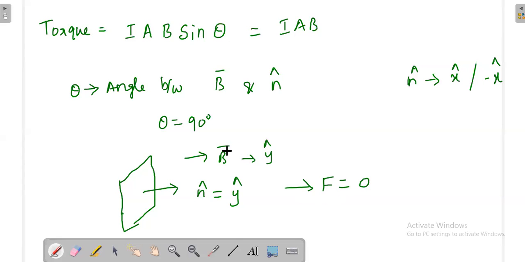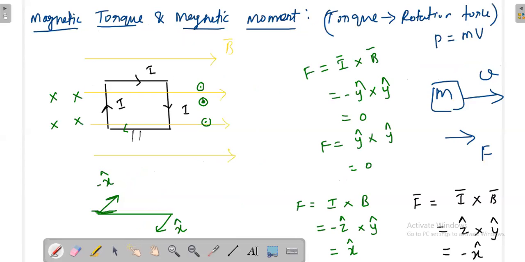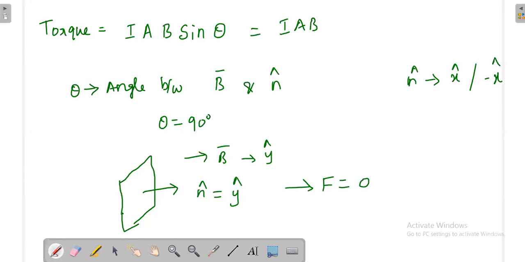Finally, the torque is equal to what? IAB sin theta. Now from this we'll proceed. My torque T is equal to IAB sin theta.